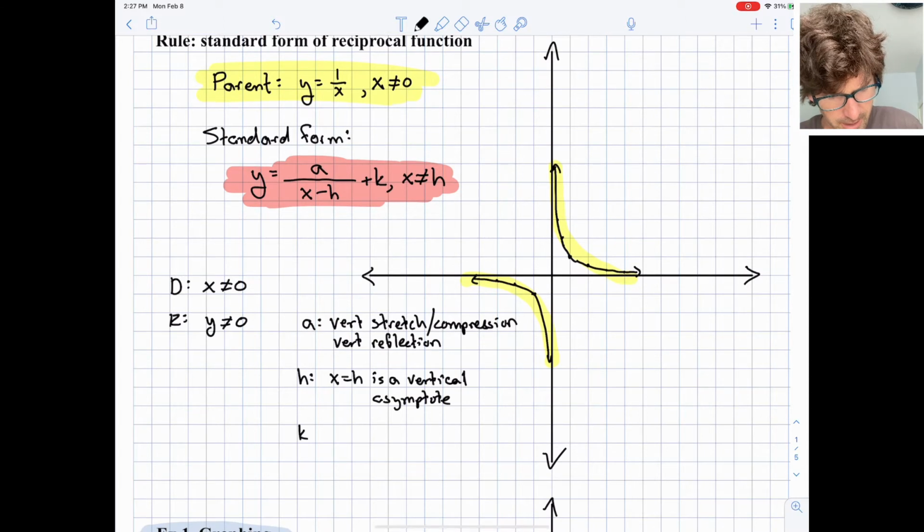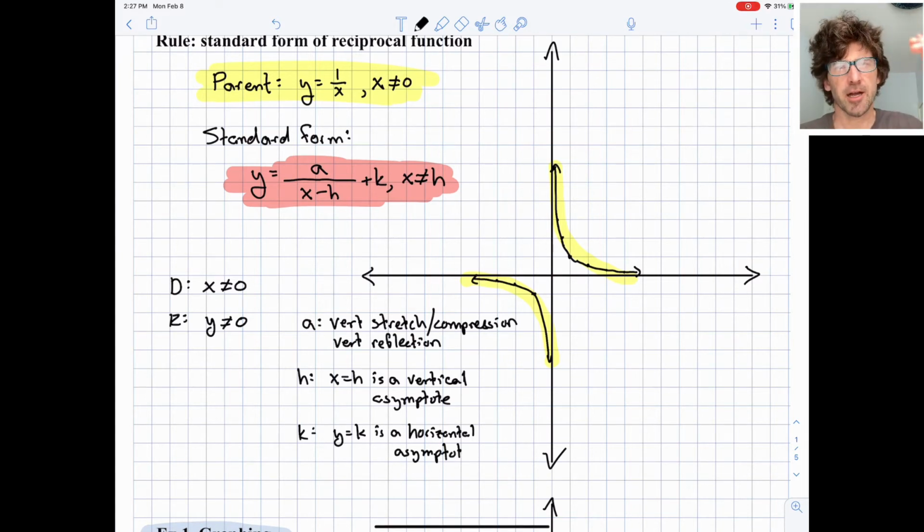And k, that line y equals k, is a horizontal asymptote. You can think of that as simply being a vertical translation, a movement in the vertical direction from the x-axis up or down, depending on what k is.